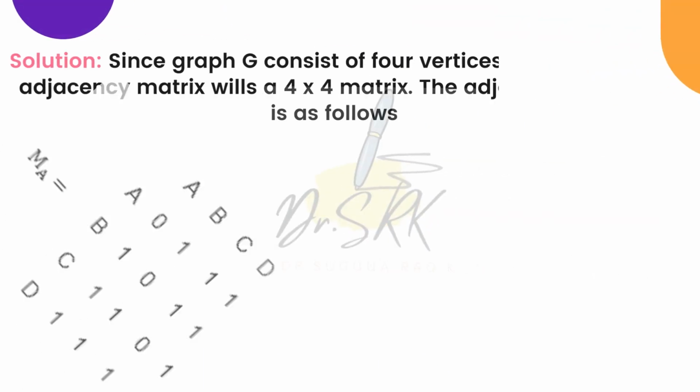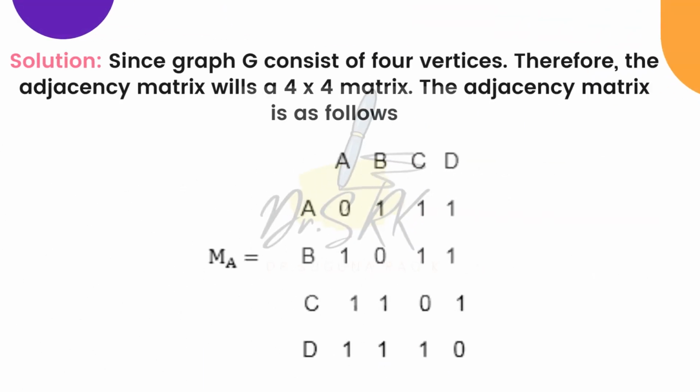Since the graph G consists of four vertices, the adjacency matrix will be a 4 by 4 matrix. The adjacency matrix is as follows. Here, four rows and four columns: rows A, B, C, D, and columns also A, B, C, D.